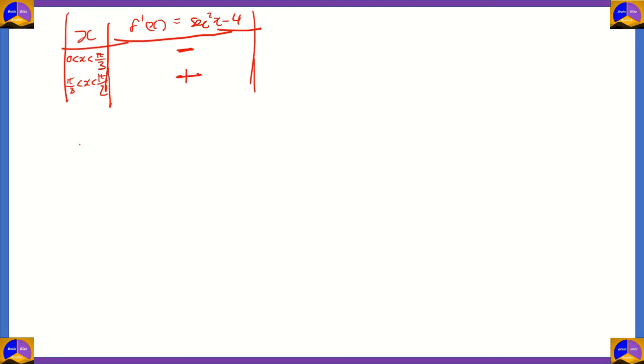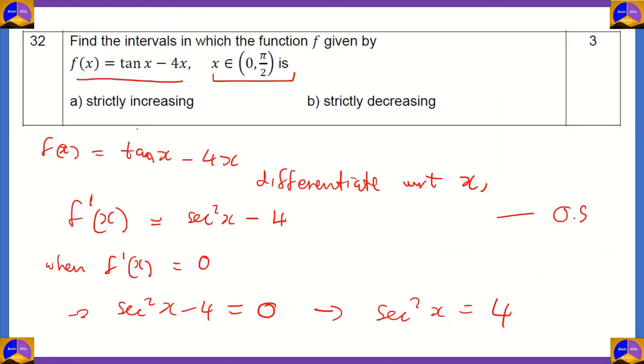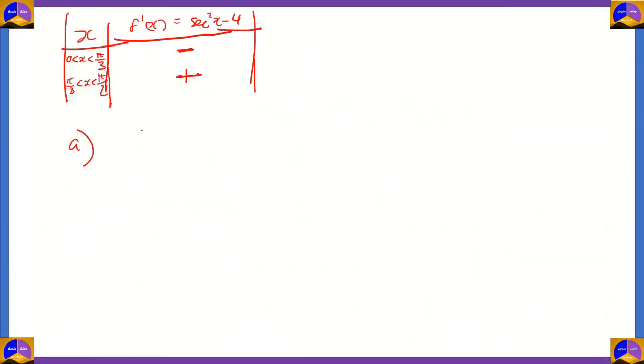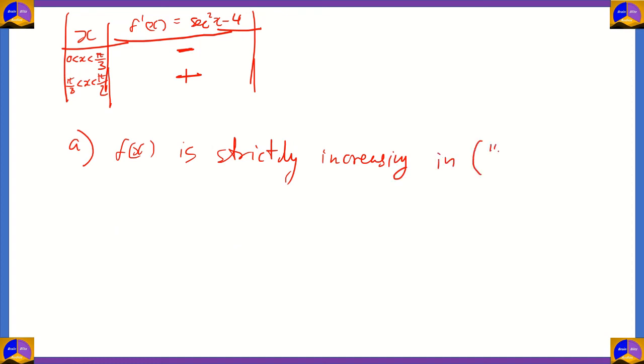So the first part, that is part A, is to find out in which of these intervals the function is strictly increasing. So you can write f of x is strictly increasing in the open interval pi by 3 to pi by 2.